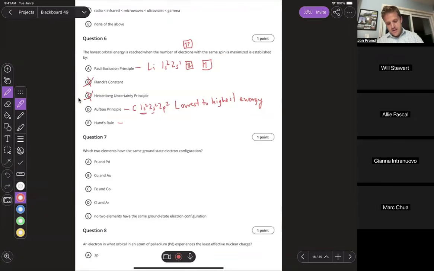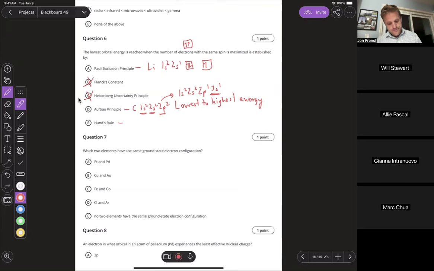If this is my ground state configuration, we fill the 1s, then 2s, and then 2p. A violation would be if we skipped one of those. Let's say for whatever reason I kicked one of these electrons up to a higher level, like 1s2, 2s2, 2p1, 3s1. That electron shouldn't be here. We skipped a whole bunch of orbitals, so this would be a violation of the Aufbau principle.